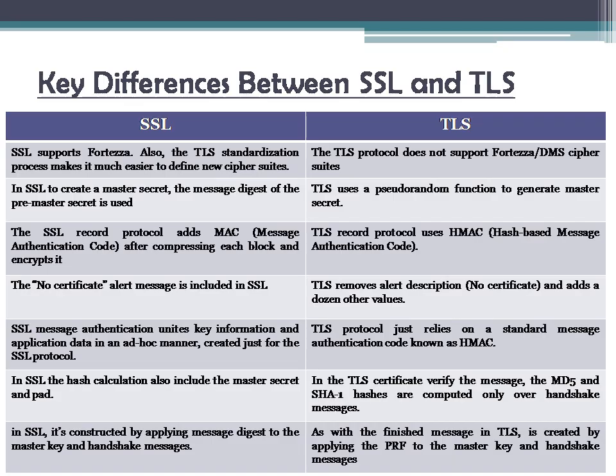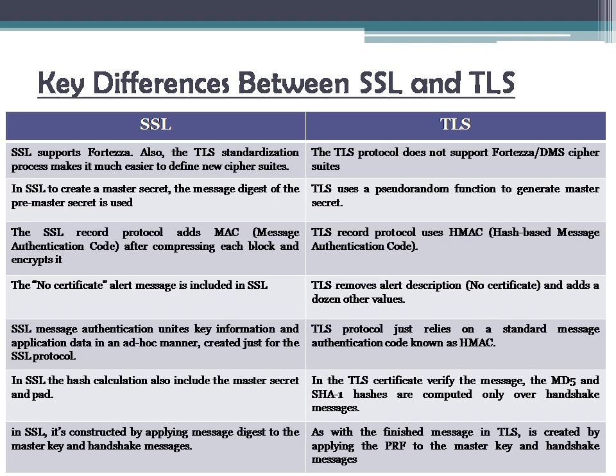Now, let us look into the key differences between SSL and TLS. Since we already know what is SSL and we know what is TLS. So the first difference is that the TLS protocol does not support Fortezza or DMS cipher suites, while SSL supports Fortezza. Also, the TLS standardization process makes it much easier to define new cipher suites.